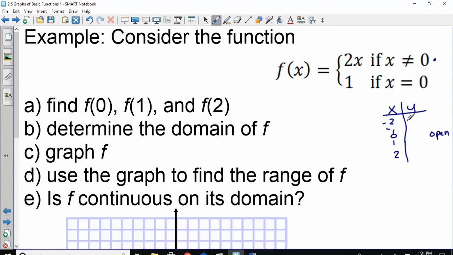Okay, so then you can plug in anything else. If I put in these numbers, 2 times -2 is -4, 2 times -1 is -2, 2 times 0 is 0, 2 times 1 is 2, 2 times 2 is 4.